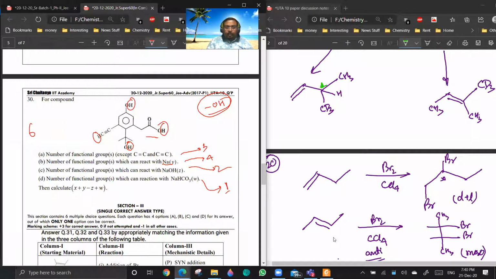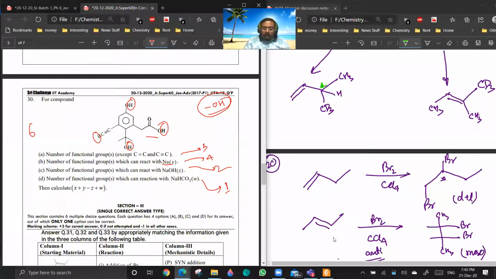Yes or no? Yes, sir. RO minus will not be more stable than OH minus. Yes or no? Yes, sir. But these two will be more stable than OH minus. Yes or no? Because of delocalization, right? Yeah, that is why.